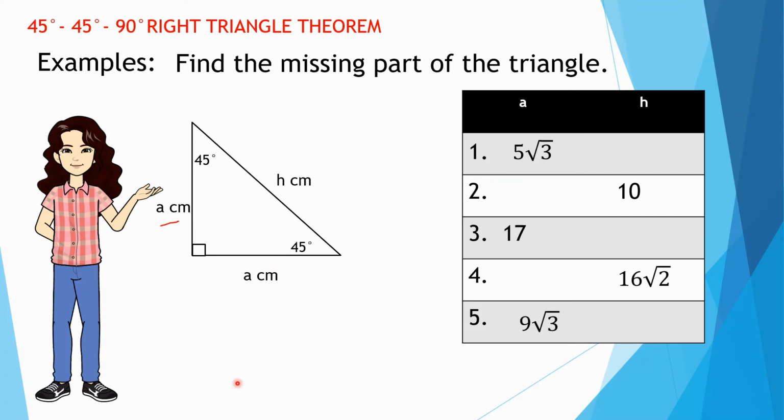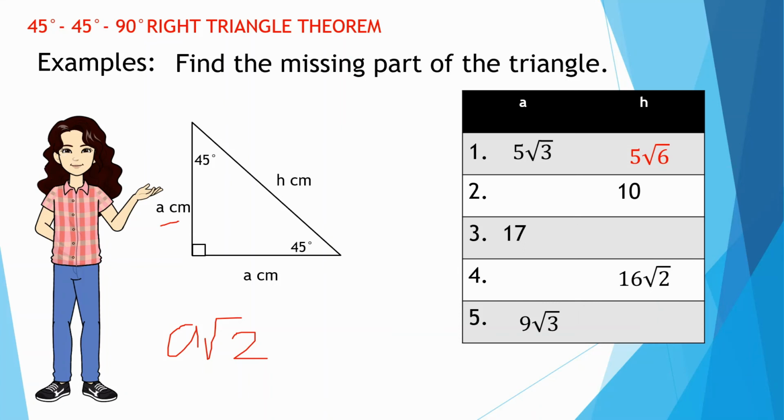So our formula again is a square root of 2. So multiply 5 square root of 3 by square root of 2. So the answer is 5 square root of 6, because square root of 2 times square root of 3 is square root of 6. So you have to write 5 square root of 6.